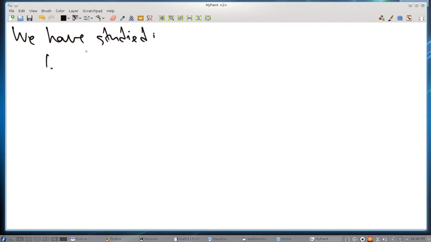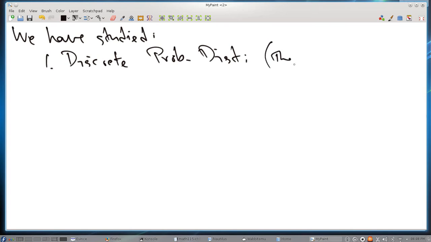the discrete probability distribution. That we, if you remember, call the expectation value or expected value.